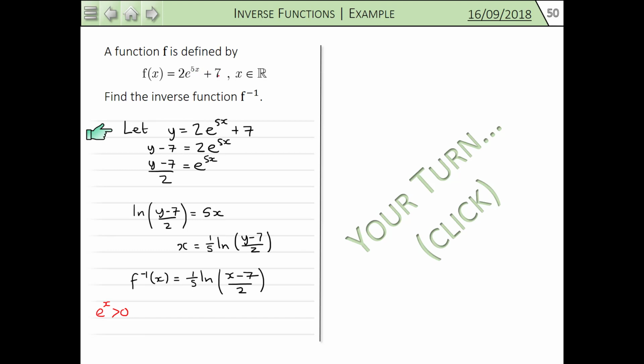If we then translate everything up by 7, it means in this function here it is impossible to get a value that is 7 or below. And that means the domain of our inverse function is x is greater than 7, with x being in the real numbers.